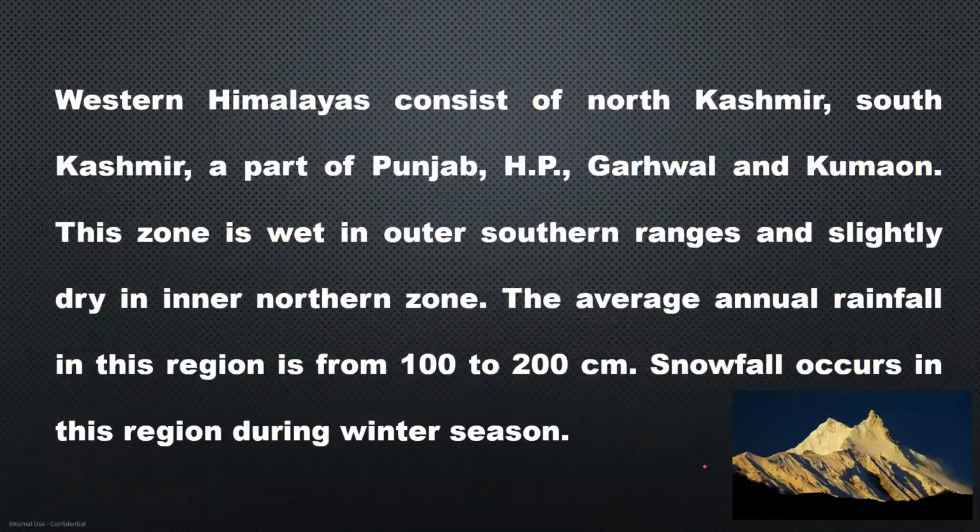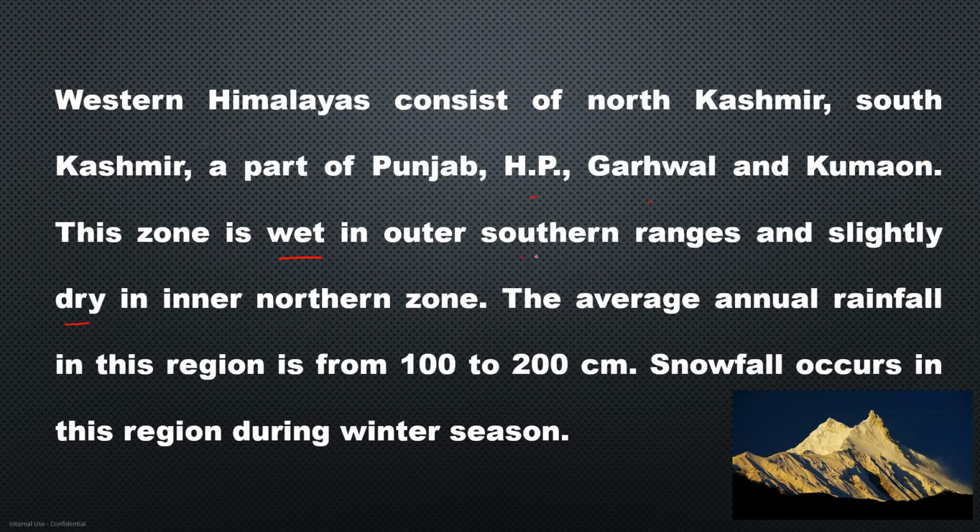Okay. Now see, Western Himalayas consist of North Kashmir, South Kashmir, a part of Punjab, Himachal Pradesh, Garhwal, and Kumaun. Right? This zone is wet in the outer southern ranges and slightly dry in the inner northern zone.